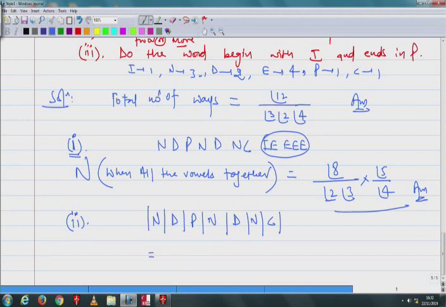How many ways can you arrange all these unrestricted elements? That will be 7 factorial, divided by 2 factorial for D and 3 factorial for the 3 N's.